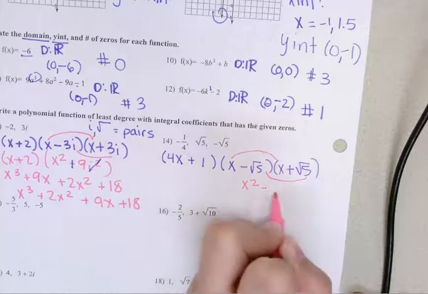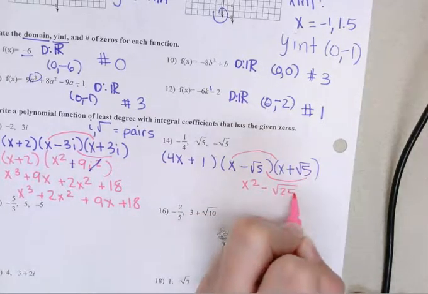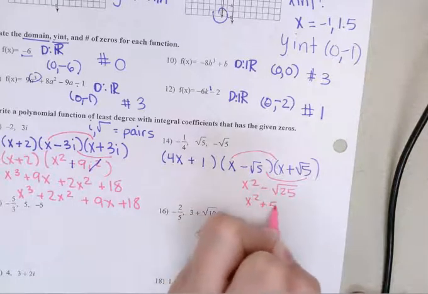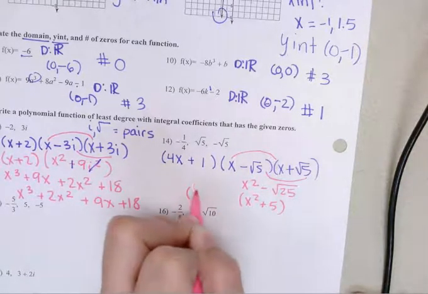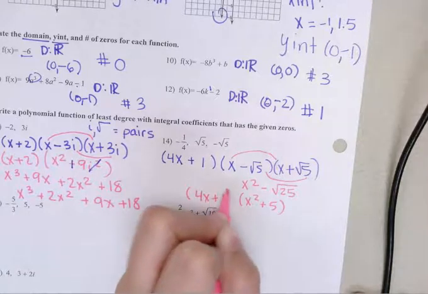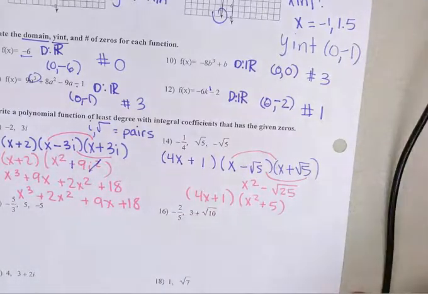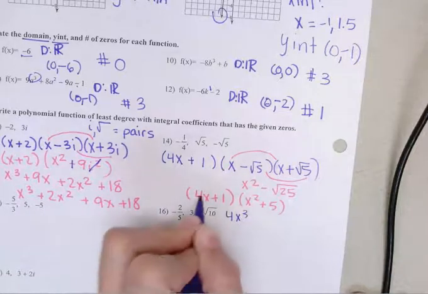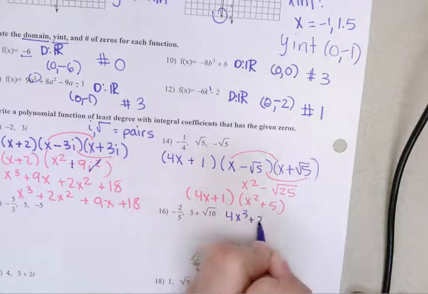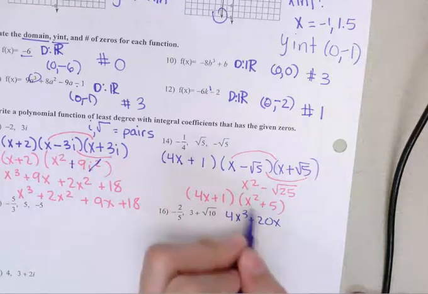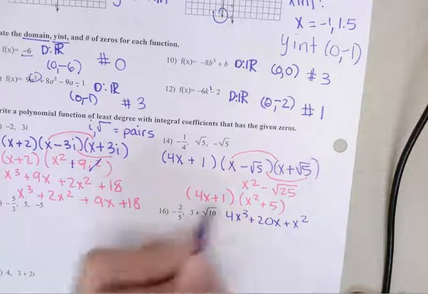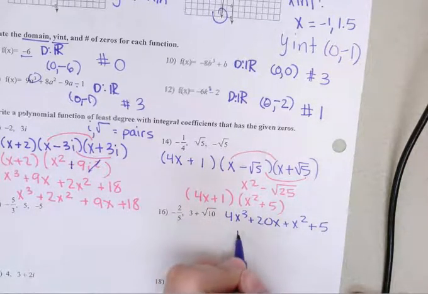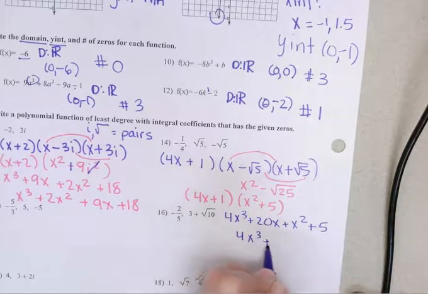Negative root 5 times root 5, which is the square root of 25, and the square root of 25 we know is 5. Bring down my next piece. Multiply it out. So 4x times x squared, 4x cubed, 4x times 5, 20x, 1 times x squared, 1 times 5. And there aren't any like terms, so just put it in the correct order.